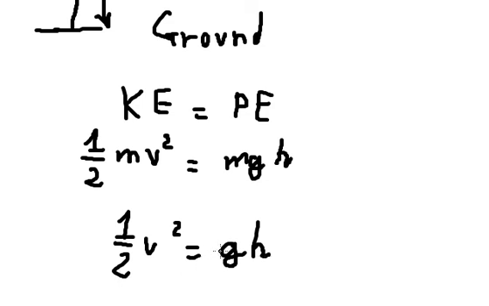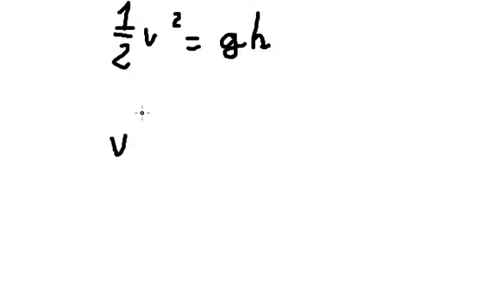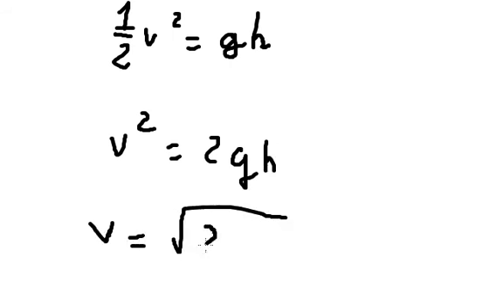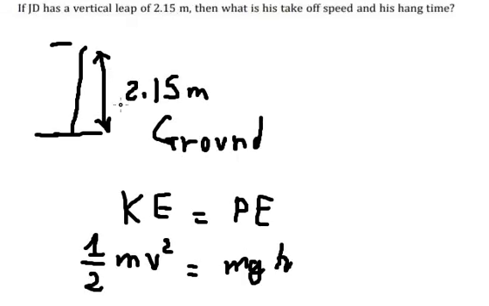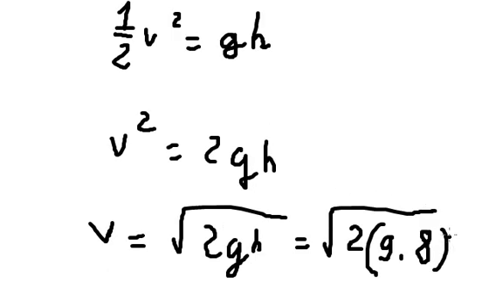Now we move the 2 to the right, and then we take the square root of both sides. So v equals the square root of 2gh, where g is gravity, 9.8 meters per second squared, and h is the height, 2.15.